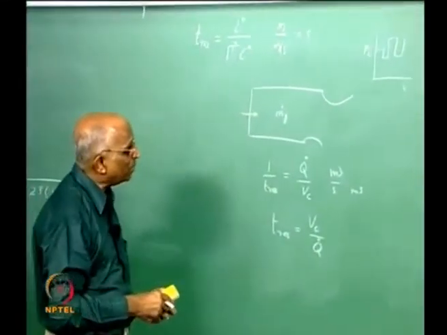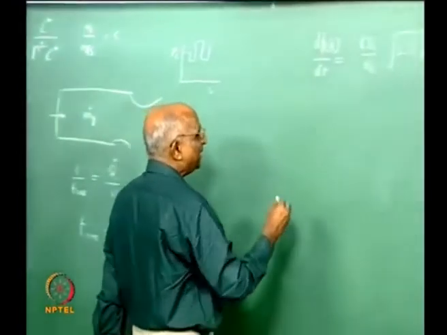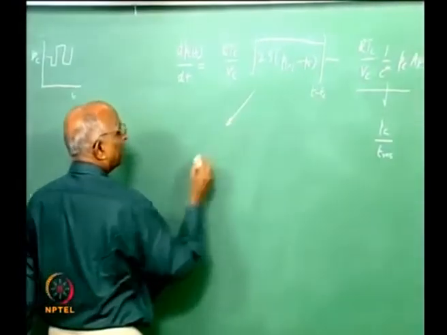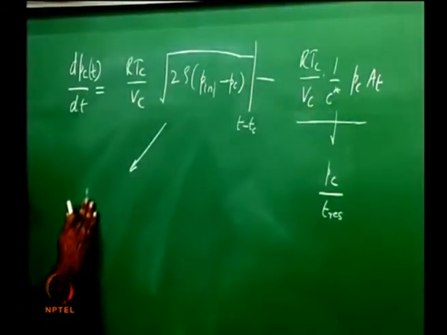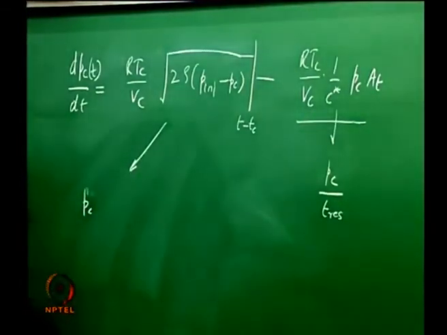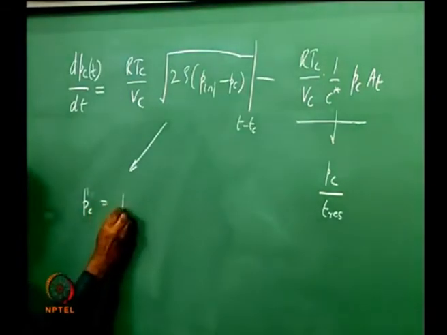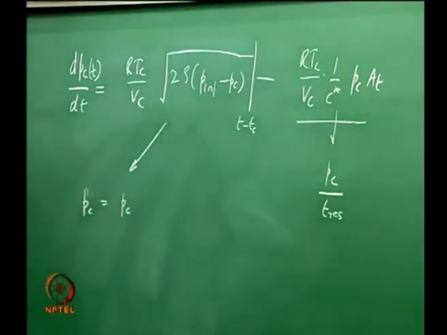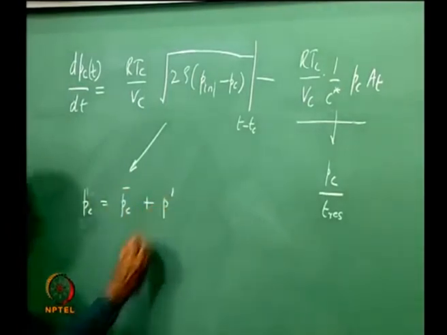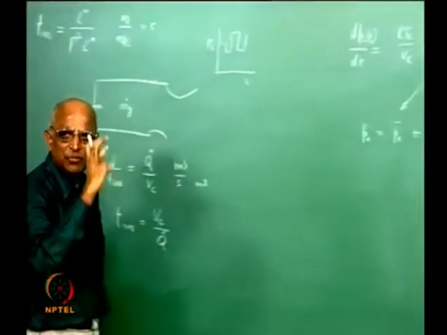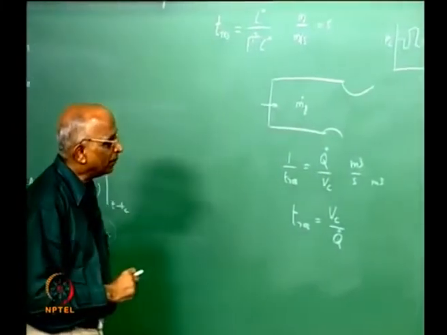Let us see how I can manipulate this in some way, and this is quite interesting, quite simple. Let me say the chamber pressure at any instant of time is denoted by Pc, which is equal to the steady value, in our example 5 MPa, plus P prime, some oscillation, some disturbance in it.